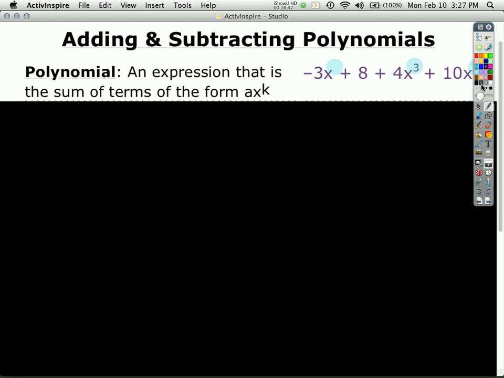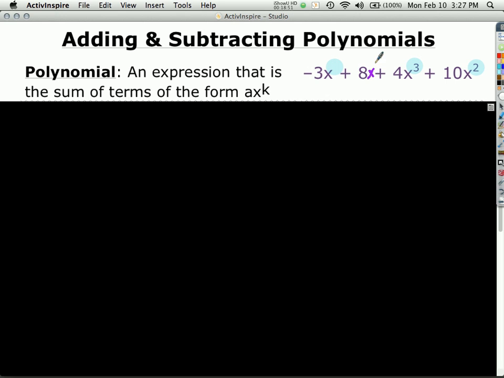I can add in an x to the 0 power. 8x to the 0 power is really 8 times 1, which is the same thing as 8. So, even though that's called a constant, it still meets the definition of a term. Any questions so far? All right, so that's a polynomial.